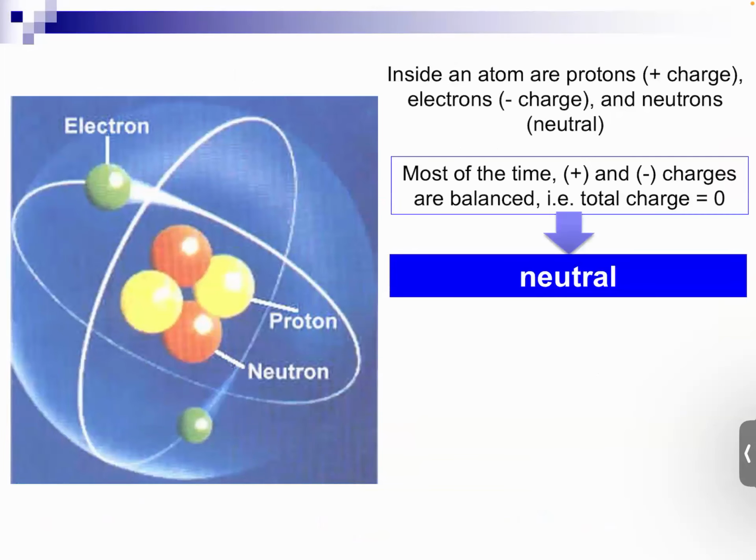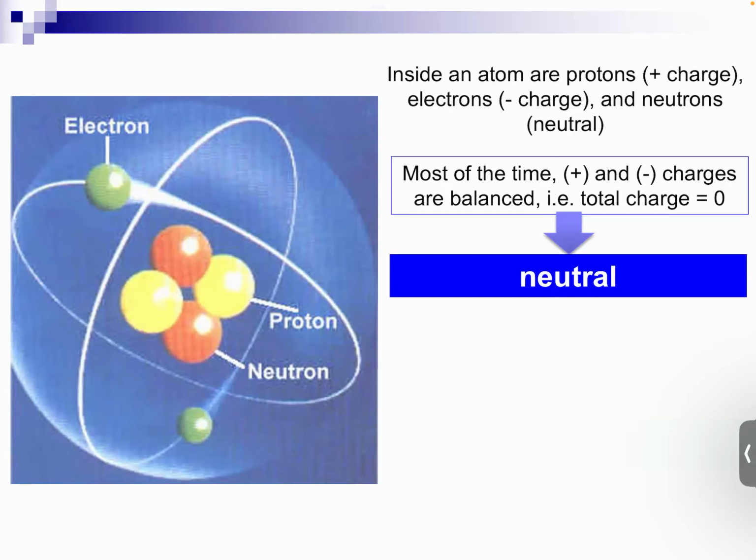All right, so we've learned that inside an atom you have charges, protons and electrons. Most of the time materials are neutral. When we say neutral, it contains the same number of protons and electrons, so that the overall net charge is neither positive nor negative.